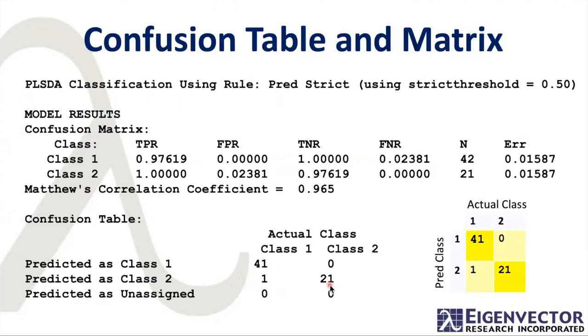I can just look here and see very quickly if the diagonal is perfect, and the only non-zero numbers will be on the diagonal. In this case, there was one misclassification. But that's a very quick view to get a summary.